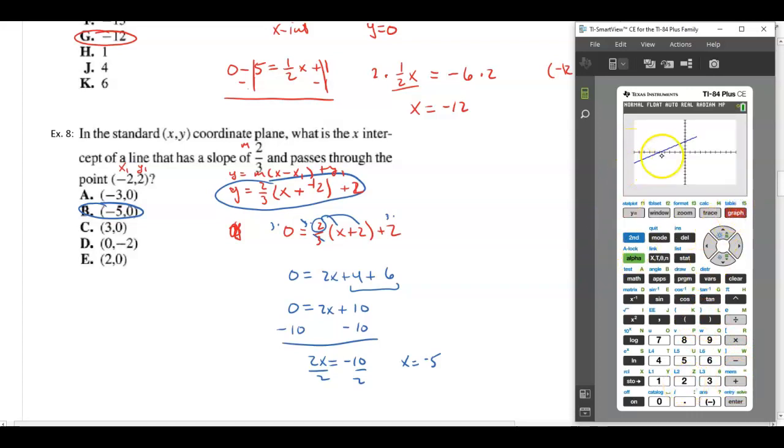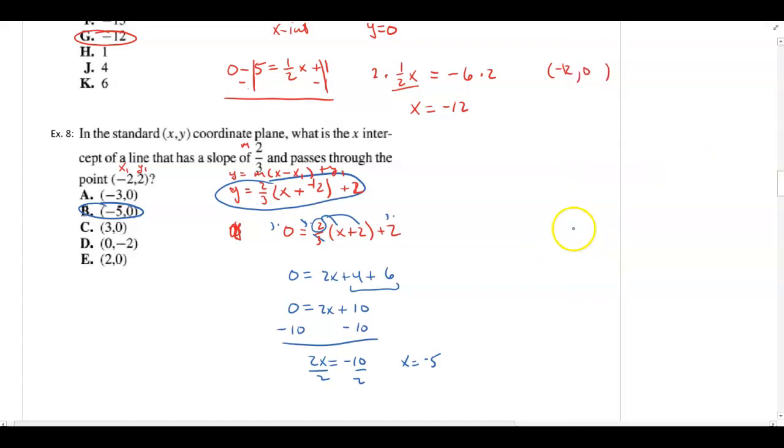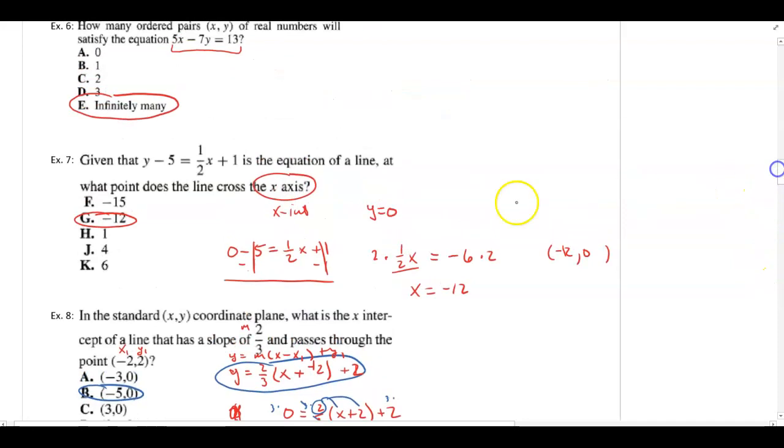And when I hit graph, where do you see this line crossing the x-axis? At 1, 2, 3, 4, negative 5. Boom, right there.